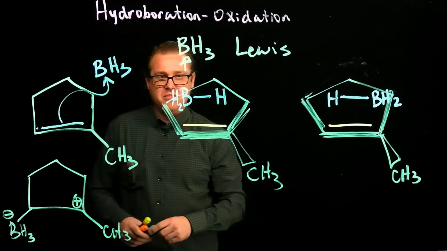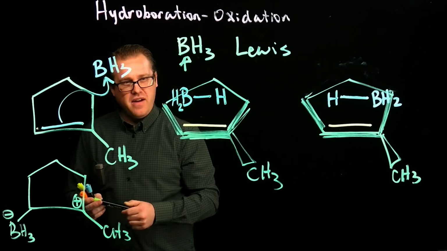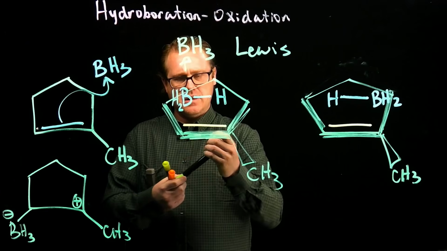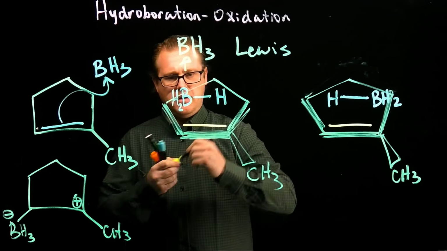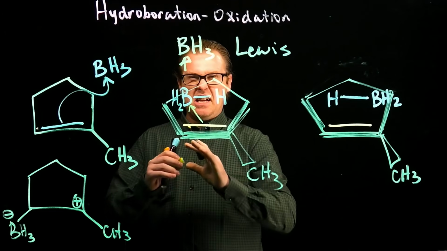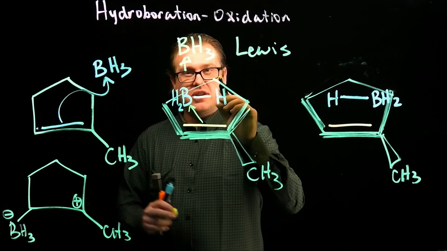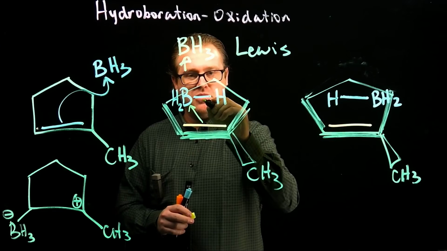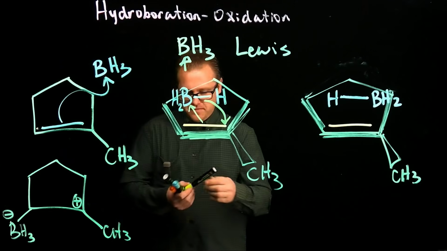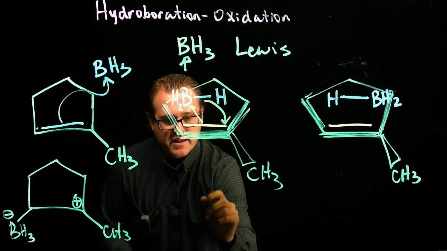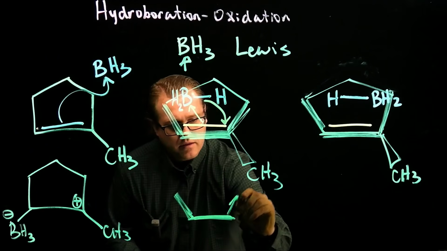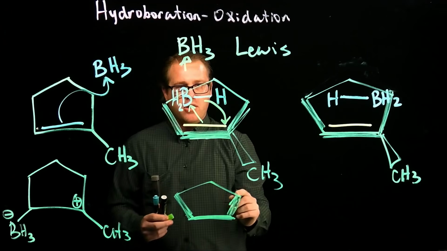And so the mechanism, how it reacts, is very, very interesting. When these pi electrons come in and attack boron, like so, it's like, oh, this sucks. And instantly it breaks this boron-hydrogen bond and donates it down. And so what does that do for us? It generates this product right here.